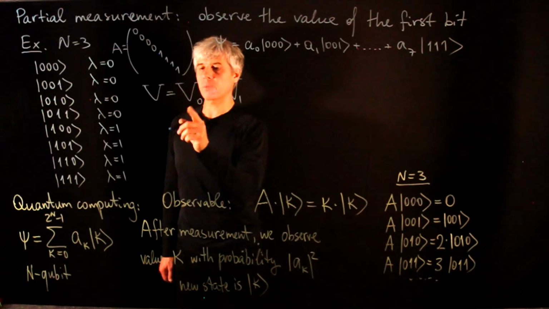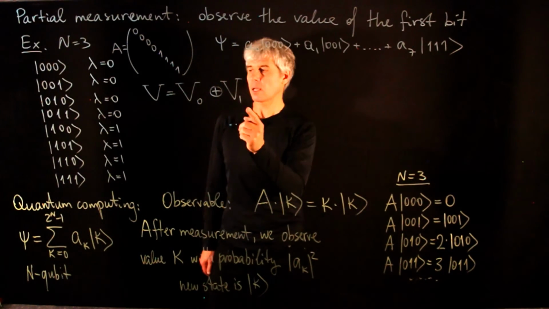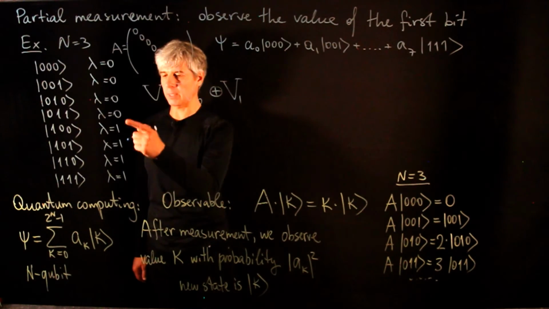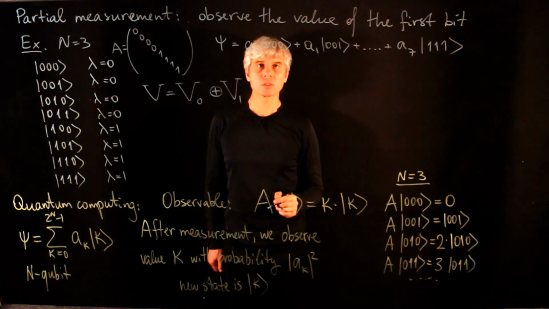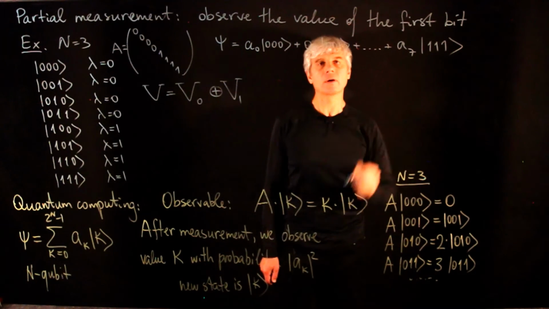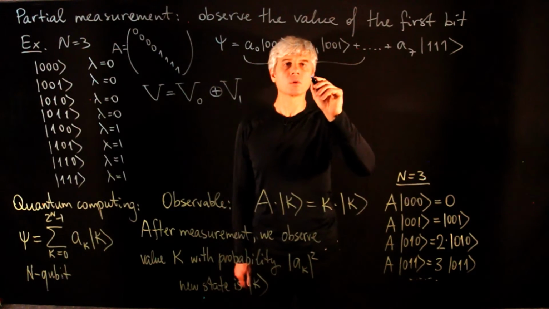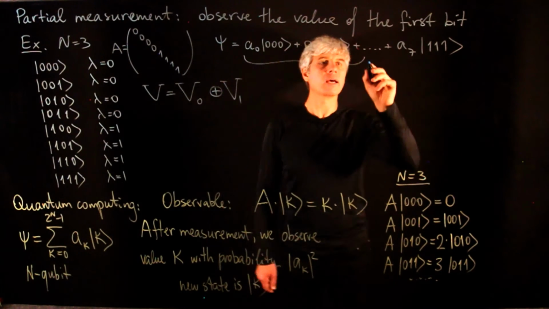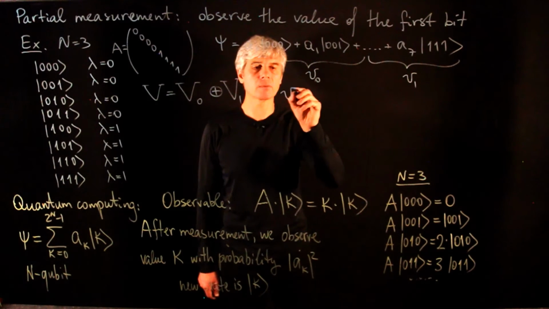So we have a 0 eigenspace, which is the span of the first 4 basis vectors, and we have a 1 eigenspace, which is the span of the last 4 basis vectors. And so any such vector can be written in 2 parts. The first 4 terms will be the V0 part, and the last 4 terms will be the V1 part. So maybe let's write it more explicitly.